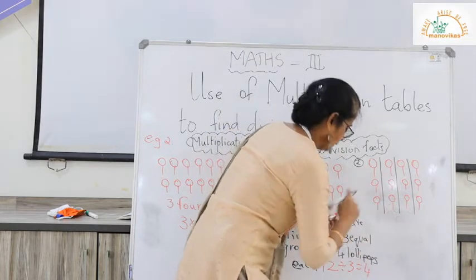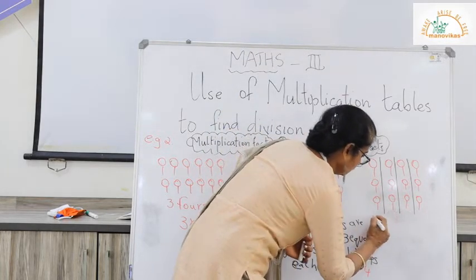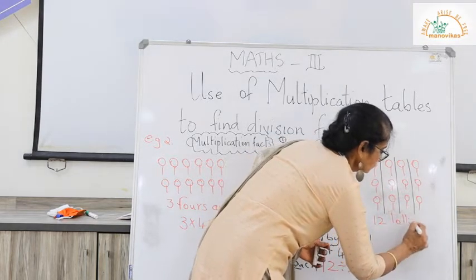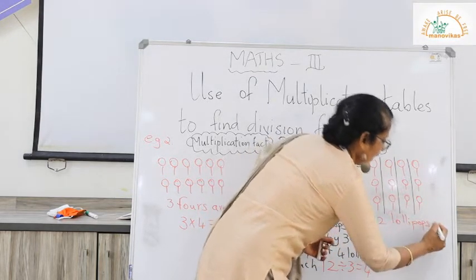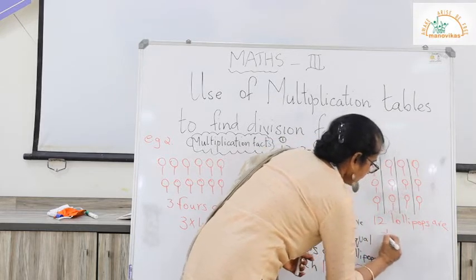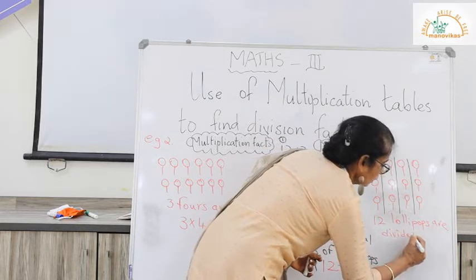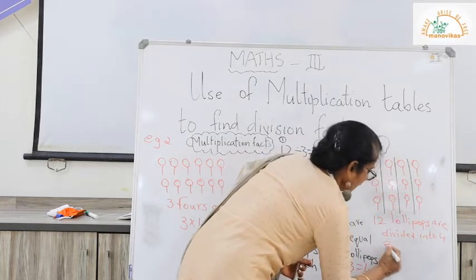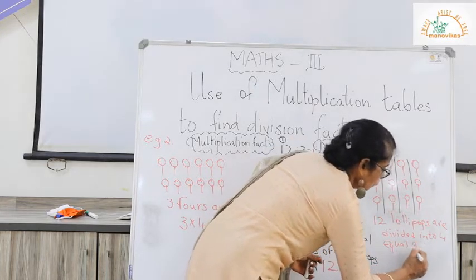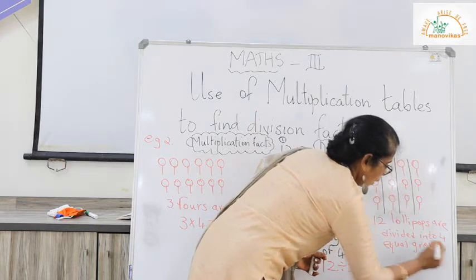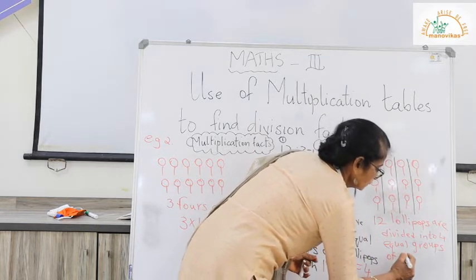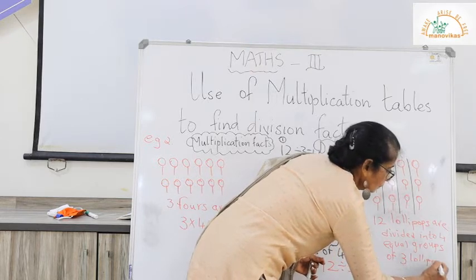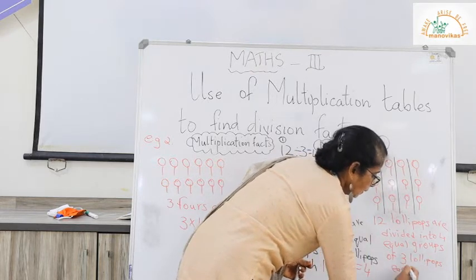That means when we write down, we say 12 lollipops are divided into 4 equal groups of 3 lollipops each.